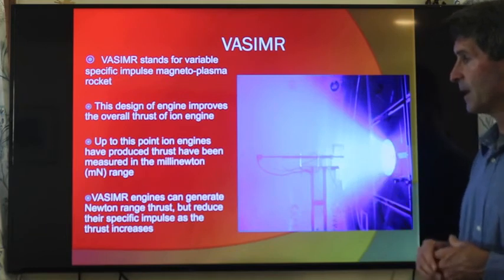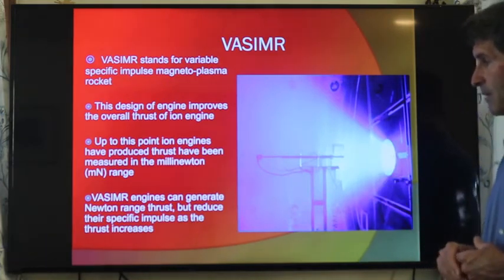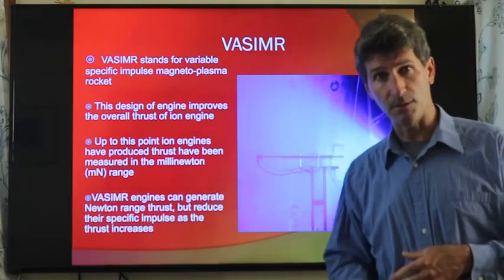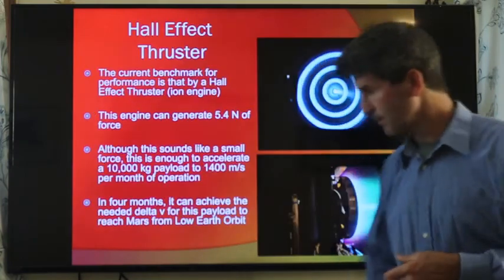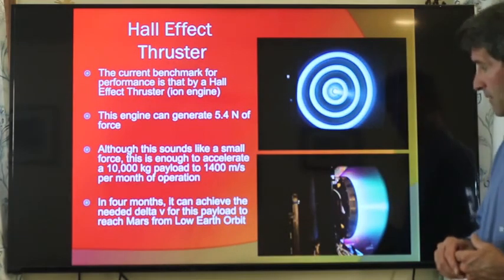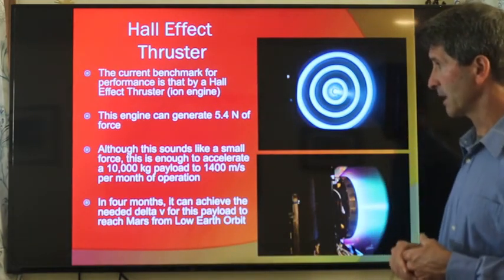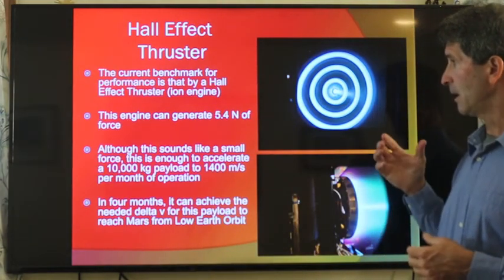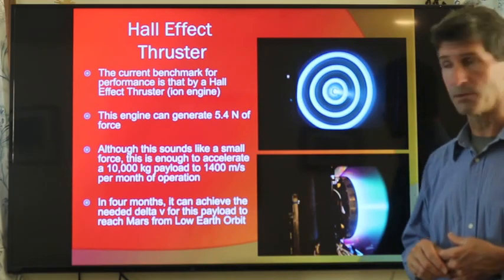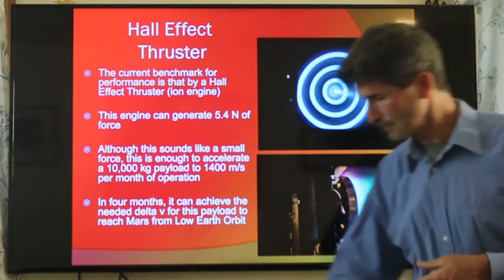It may be able to generate enough thrust to eventually be used on human rockets. But right now, these Hall effect thrusters, which are actually used on the Starlink satellites that SpaceX is putting up, are the most efficient way to produce propellant. Okay, so that's rocket science, a little bit of rocket science for you.